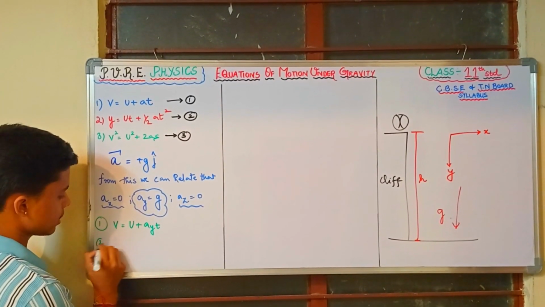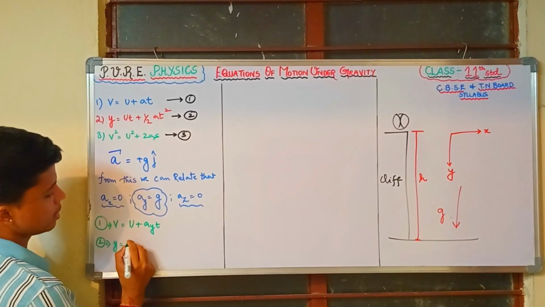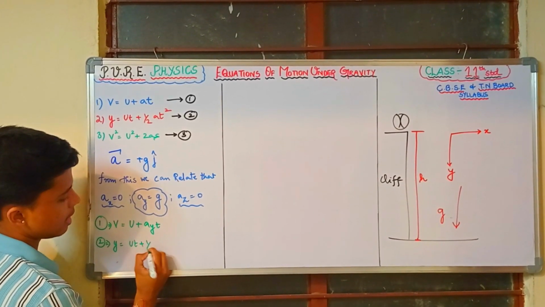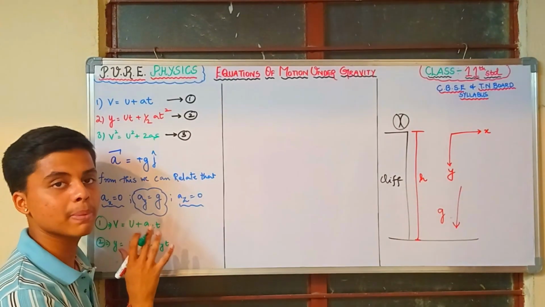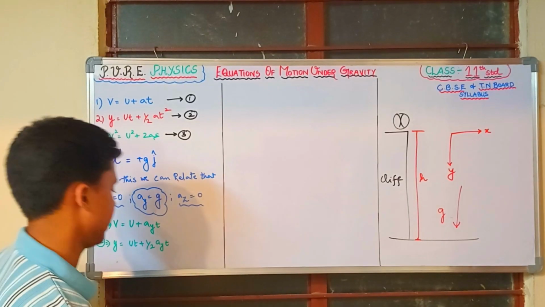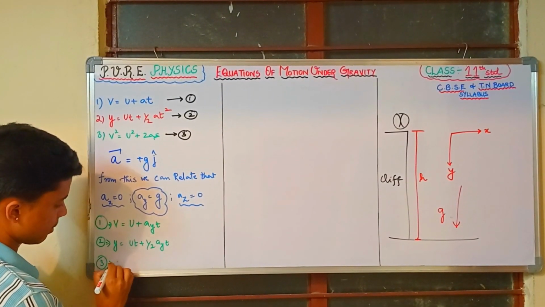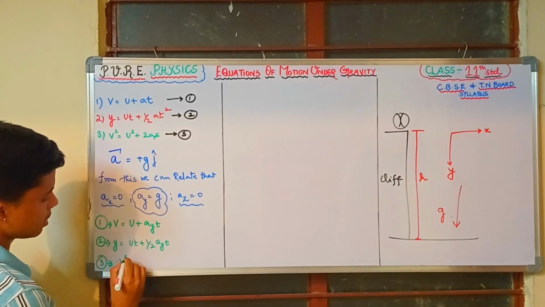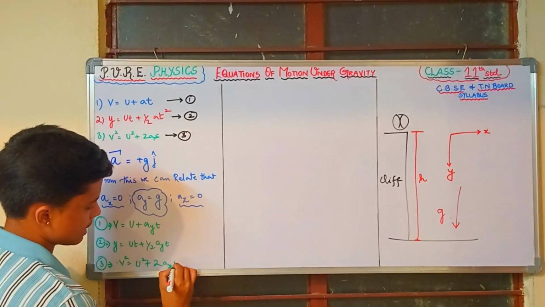The second equation can be written as y = ut + half a_y t squared, going with respect to the y coordinate or y component. The third equation becomes v squared = u squared + 2 a_y s.